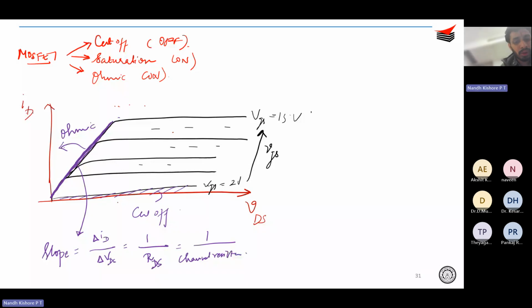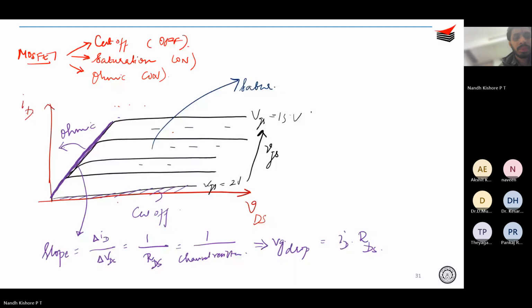Okay, so the voltage drop across the MOSFET in the ohmic region will obviously be ID into RDS, correct? And in the rest of the region, that is in these regions, you have the saturation, wherein VDS is fixed irrespective of the current.